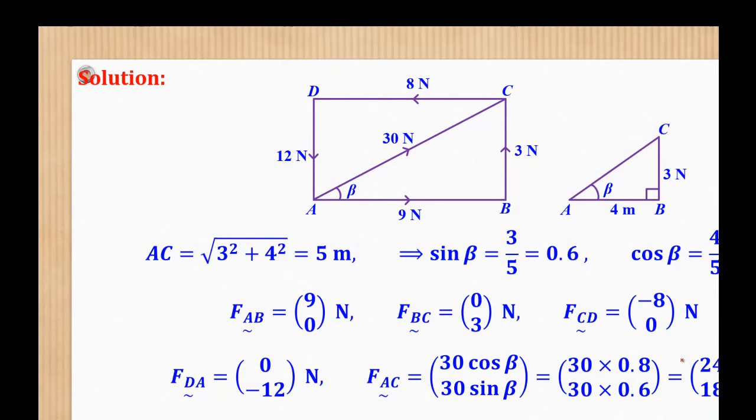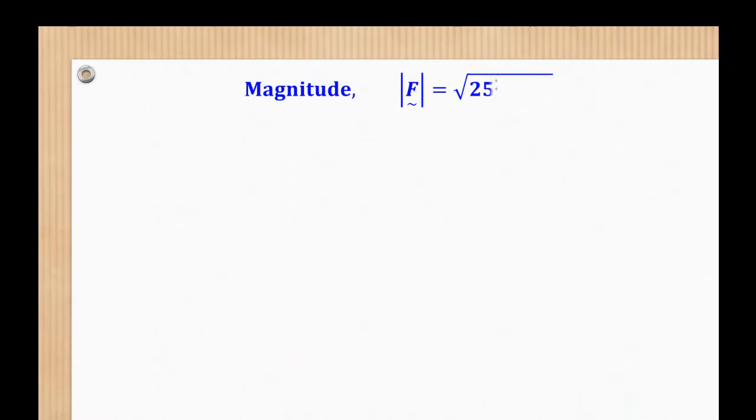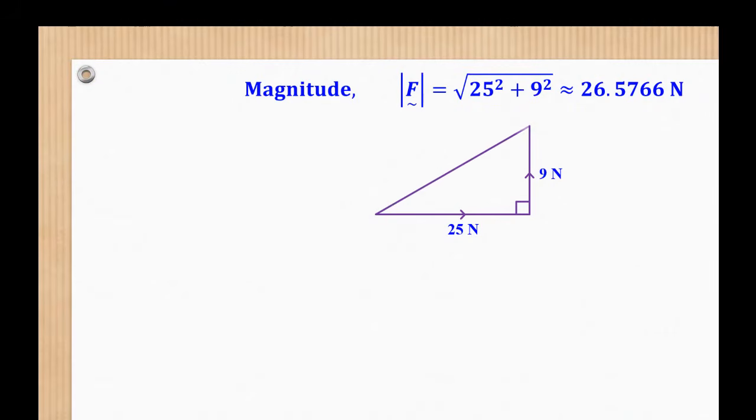Then now that I've got all the individual forces in vector form, I can get the resultant by addition, which gives me 25 horizontal component and 9 vertical component. The magnitude is got from Pythagoras theorem, and then for the direction, we shall need positive horizontal and positive vertical to give you the resultant.